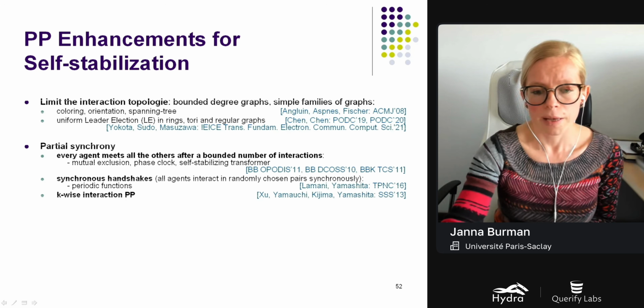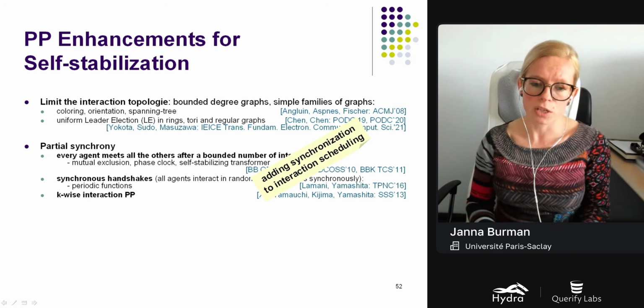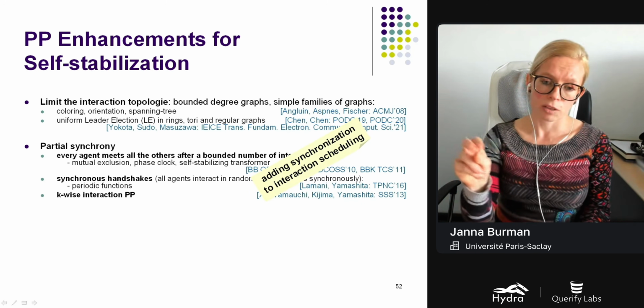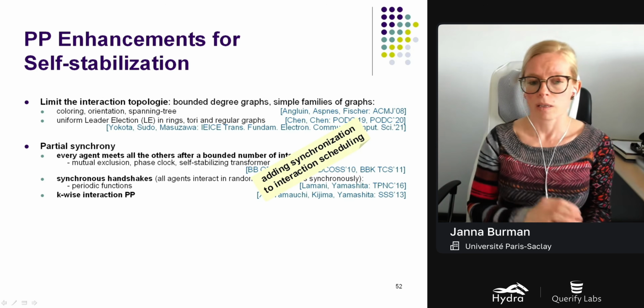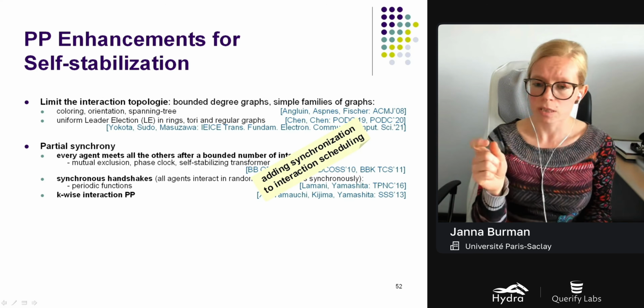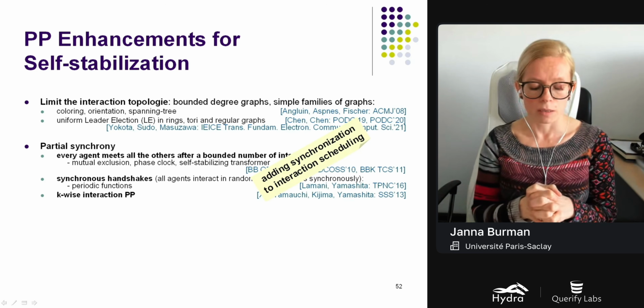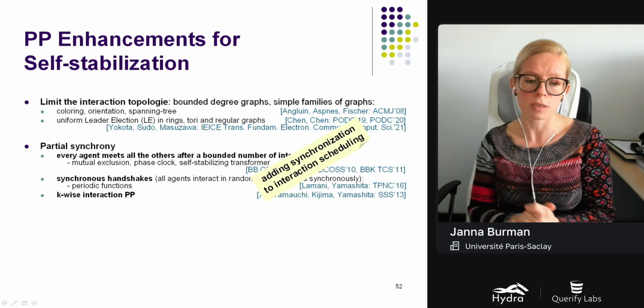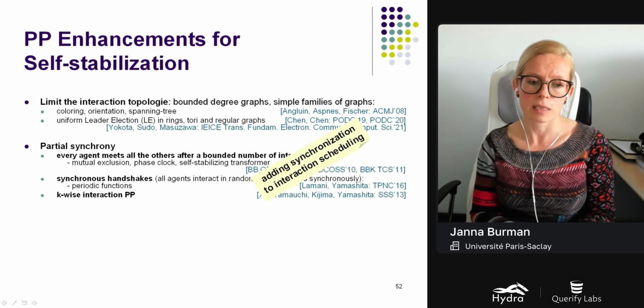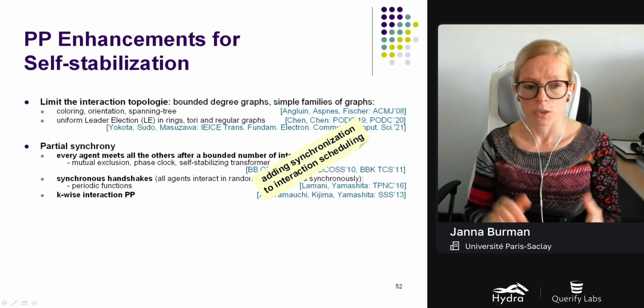So some have added some sort of synchronization in the interaction scheduling, like k-wise interaction instead of pairwise, or introduced some synchronous rounds in the system, and so on.